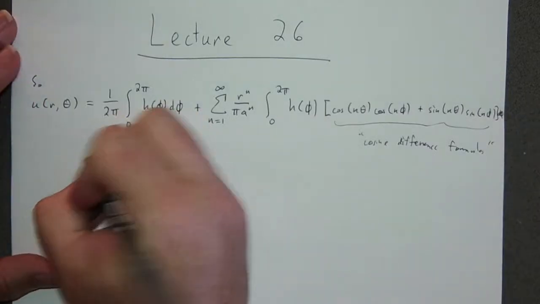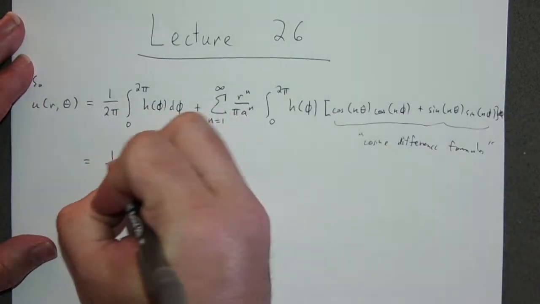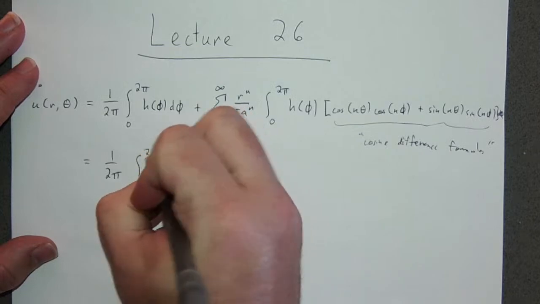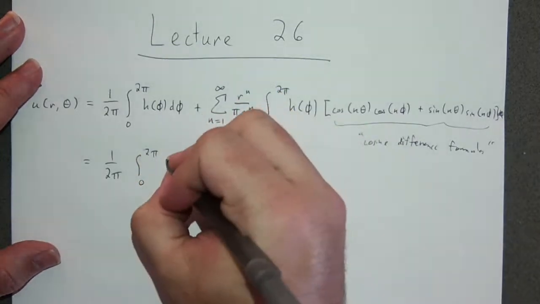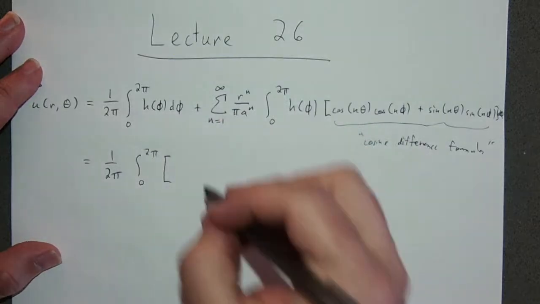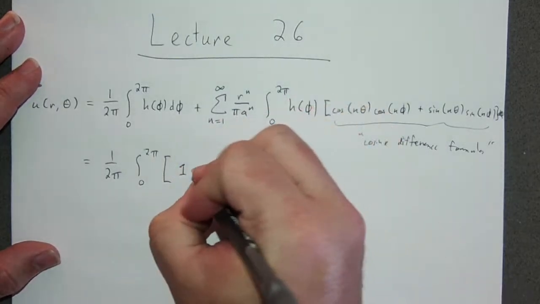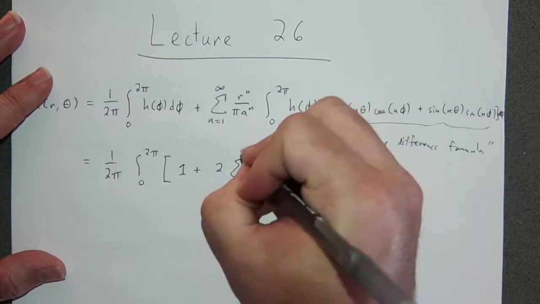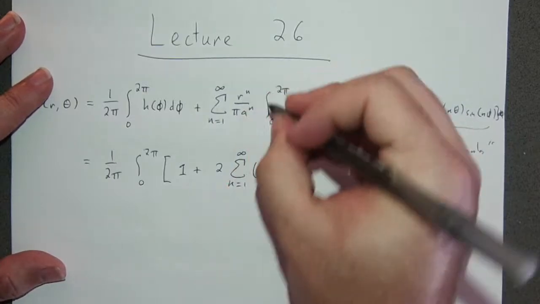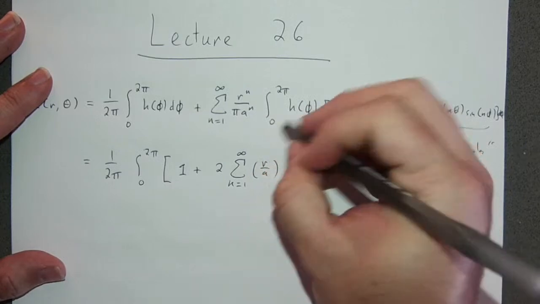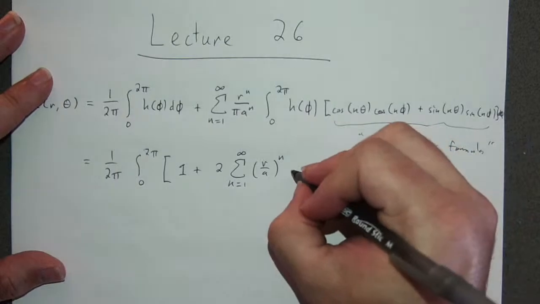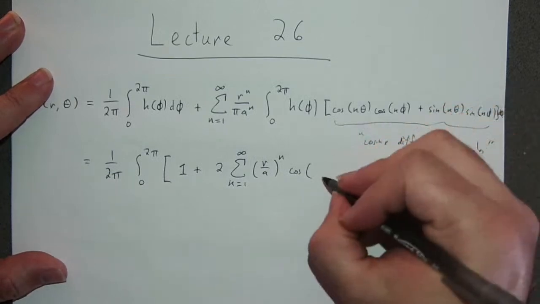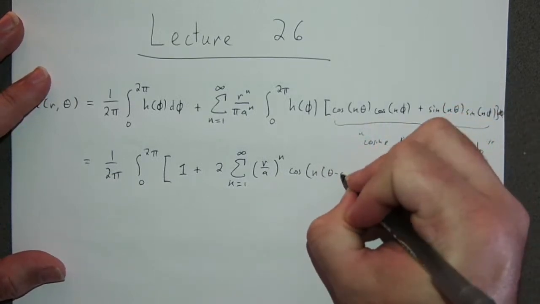To rewrite this expression as 1 over 2 pi times the integral from 0 to 2 pi of, I'm going to factor the h of phi out here, so I'm going to write this as 1 plus 2 times the sum from n equals 1 to infinity of r over a to the n cosine of n times theta minus phi.